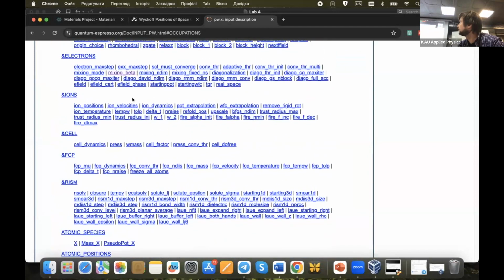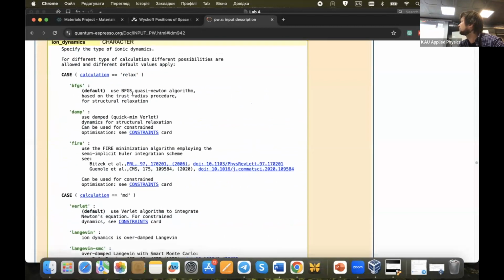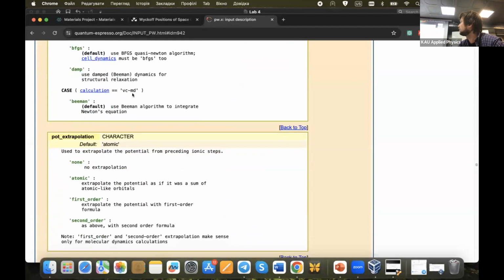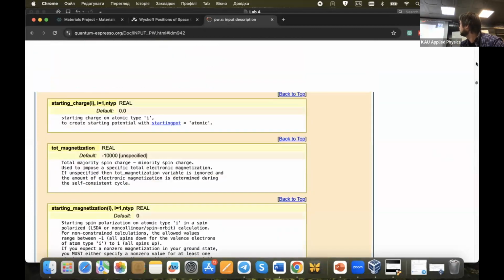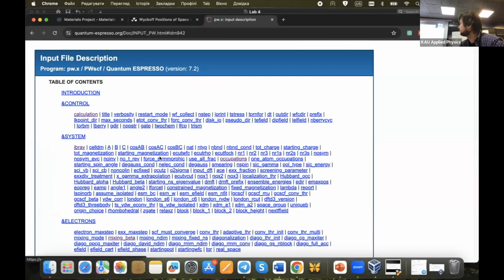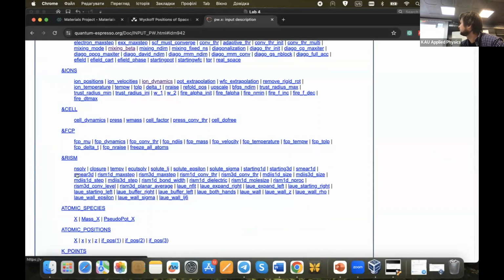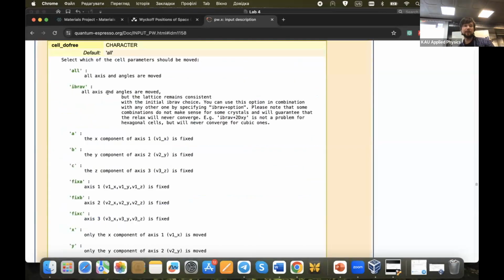Where is it? Here. Ion positions, ion dynamics. For example, ion dynamics. No, not ion dynamics, I was wrong. Cell_dofree, so it's for the cell. I can select different modes.